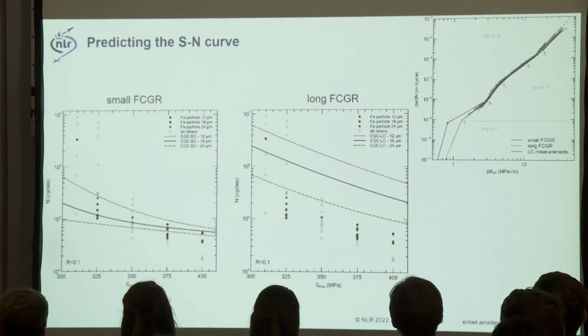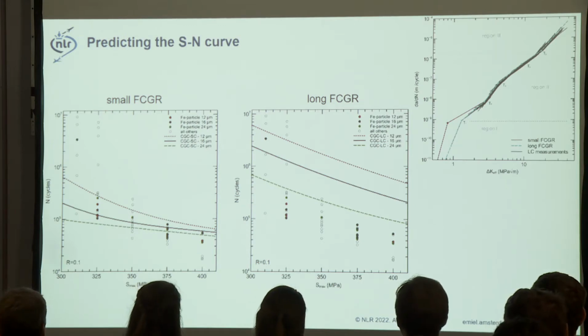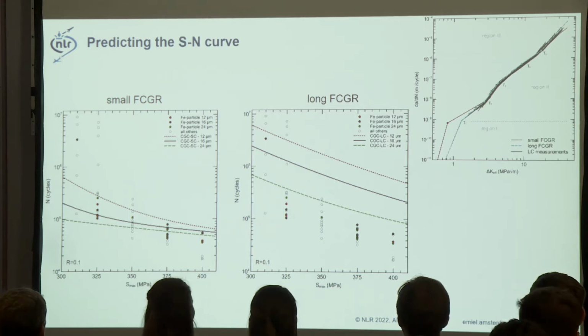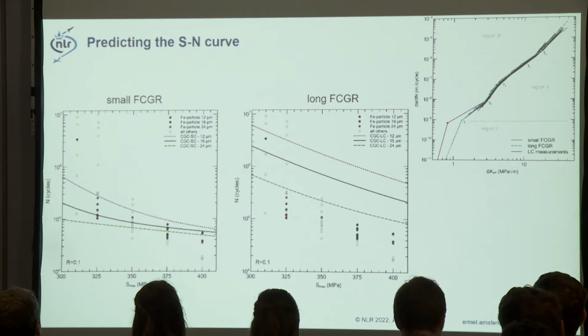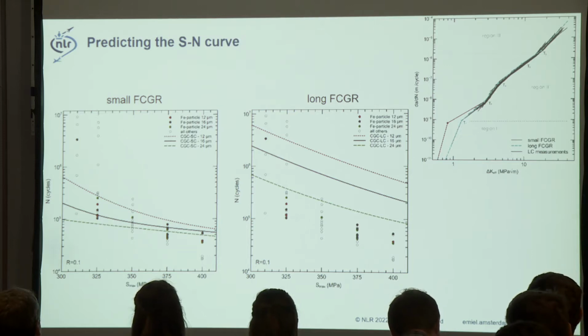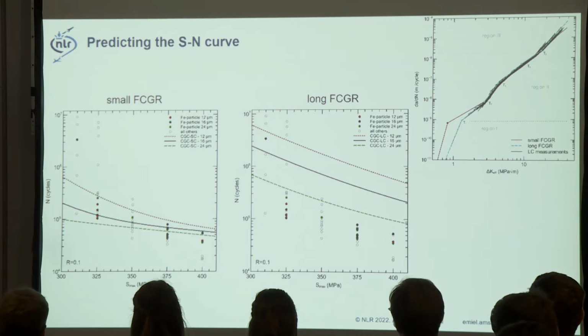So we can use this model to predict the S-N curve, and here you can see our master curve with 55 specimens, long cracks, where we used the delta K effective to create the master curve, and here you can see the long crack data, and here you have our small crack data, which has a shift in delta K threshold. If we use the small crack growth rates and the defect size that we measure on the fracture surface, so these are iron-containing particles in this alloy, and if we use that crack length, we can obtain the S-N curve.